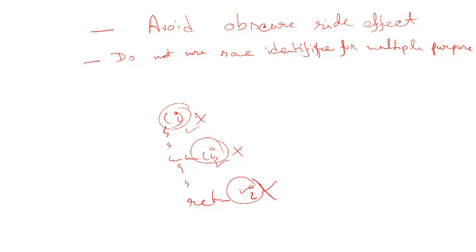Each variable should be given a descriptive name saying for which purpose it is used, and this is not possible if an identifier is used for multiple purposes. Using a variable for multiple purposes can lead to confusion and make it difficult for somebody trying to read and understand the code.